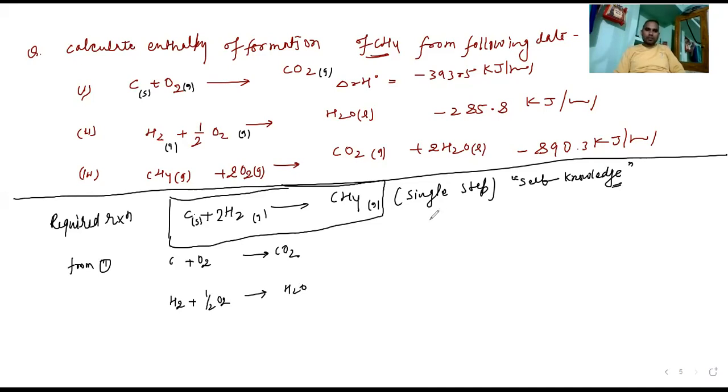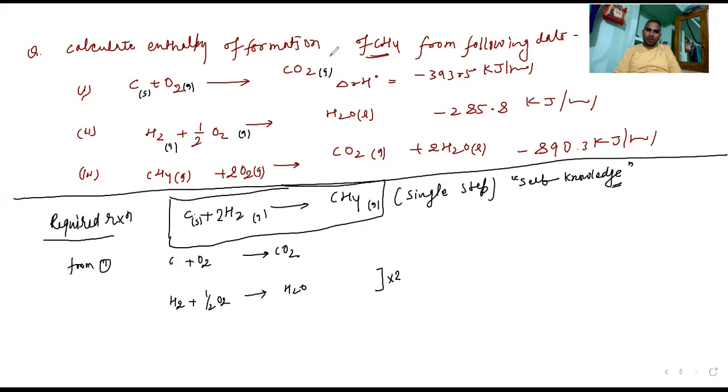One thing, please tell me. In the single step, 2 hydrogen required. Here, how many hydrogen is there? Only 1 mole. So what we are going to do here is multiply by 2. Yes or no?